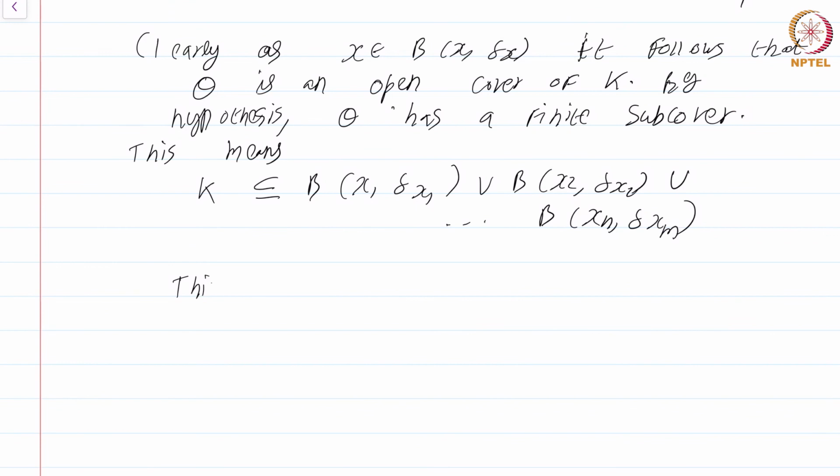This forces the set S to be finite. Okay? Because each one of these balls, Bx1 delta x1, Bx2 delta x2, up to Bxm delta xm, each one of them contains at most one point of S. So this forces the set S to be finite.